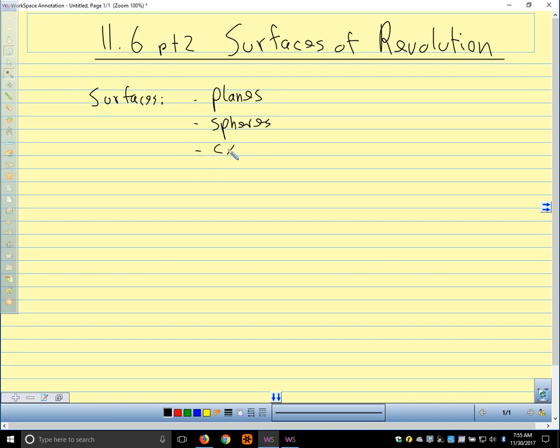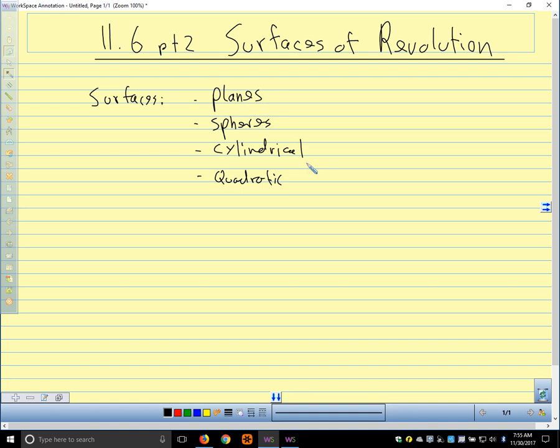We talked about cylindrical surfaces, and you can think about them as surfaces of translation, because you're taking some kind of generating curve and translating it to generate your surface. And we've talked about quadratic surfaces, whose traces are all conic sections.